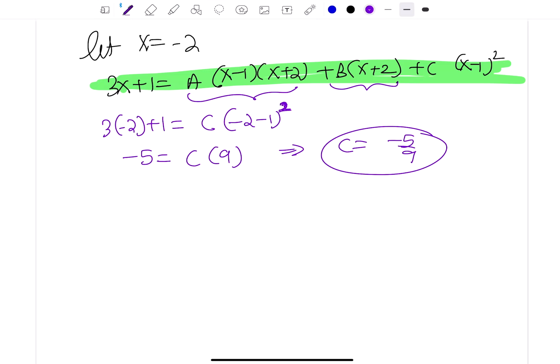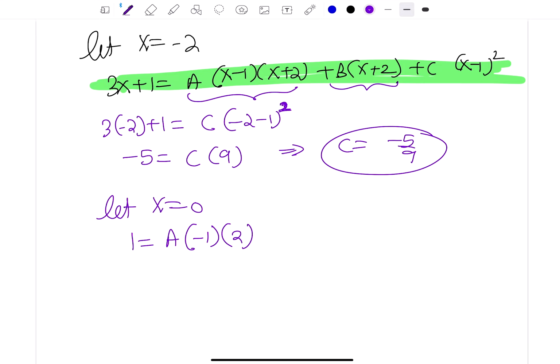I'm going to go ahead and plug x as 0 since I know b now and I also know c now. I should be able to find a. So let x be equal to 0. It's going to be 3 times 0 plus 1, which is 1, equals a. A is what we're looking for, and we're replacing x by 0.